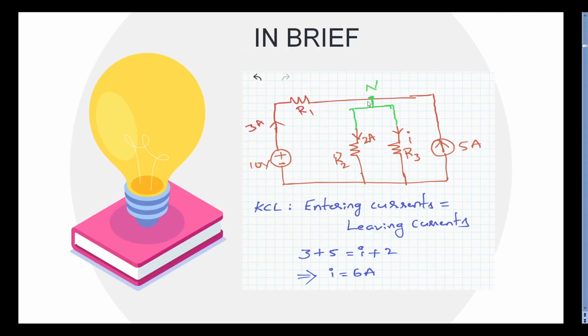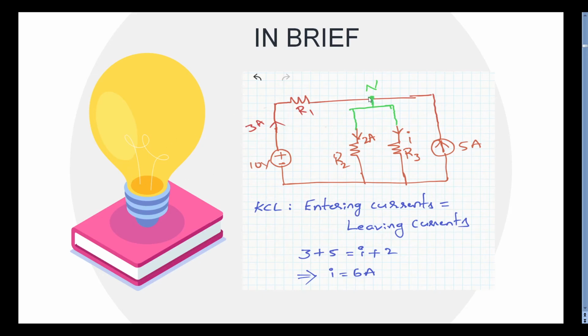So I have redrawn the circuit, treating those two nodes as a single node. If you redraw the circuit like this, then you can apply KCL at this node N. KCL means entering currents equal leaving currents.